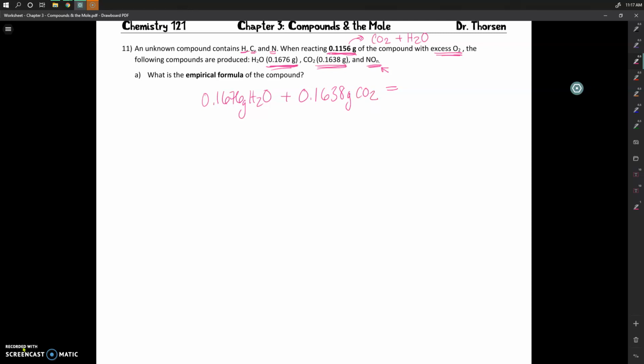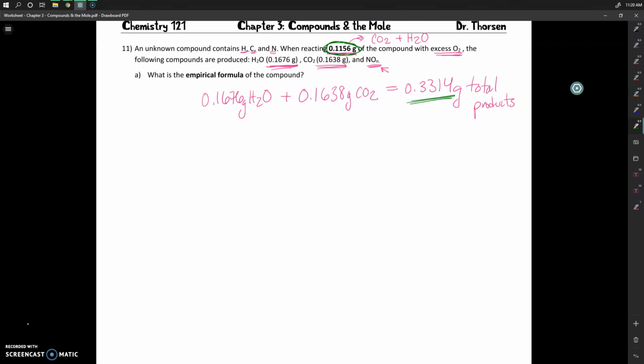If we add those two values together, we get 0.3314 grams total of these products. And I'm only pointing this out because people get confused and go, wait a second, how can we have 0.3314 grams of stuff being produced when we only started with 0.1156 grams?